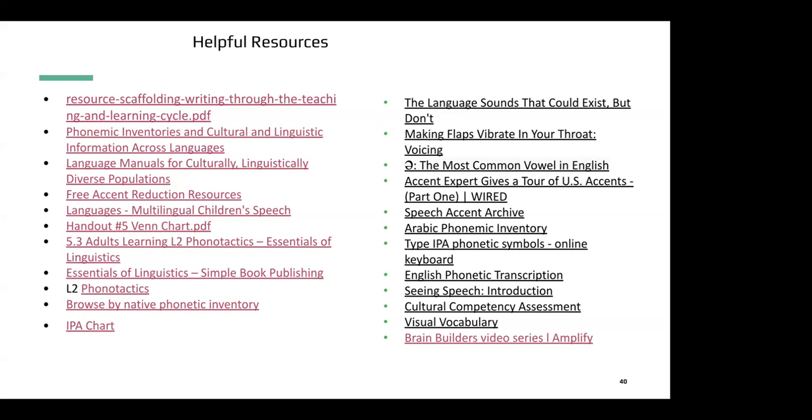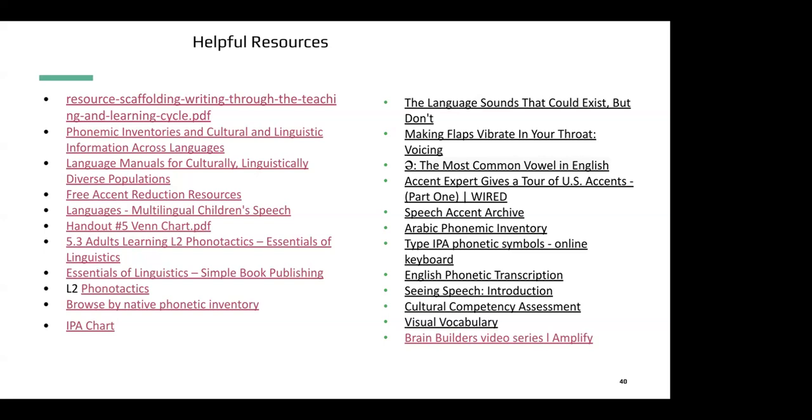A lot of times when we're working with these students, we start with the shared letter sounds that they have in common and build off of those, and then point out the ones that aren't in their vocabulary, and those are the ones we'll work on.